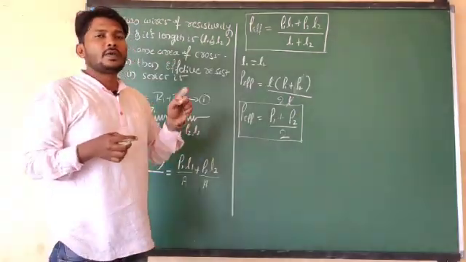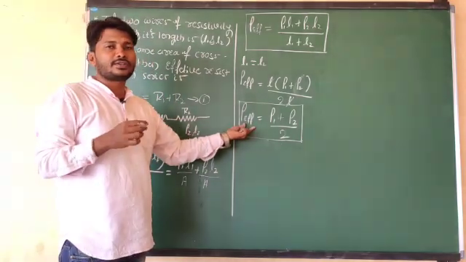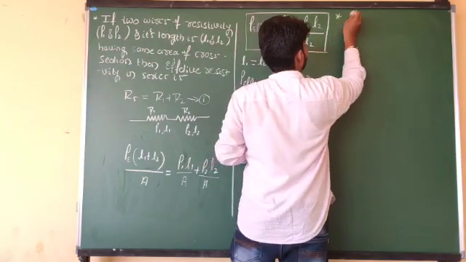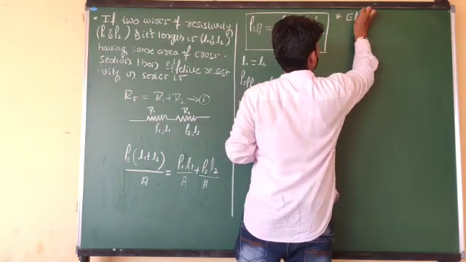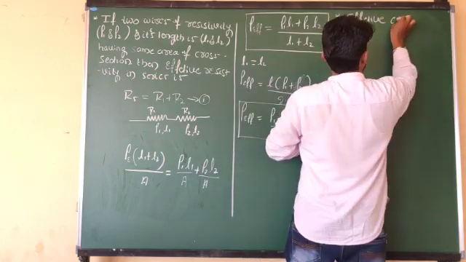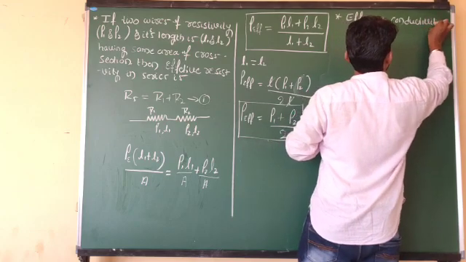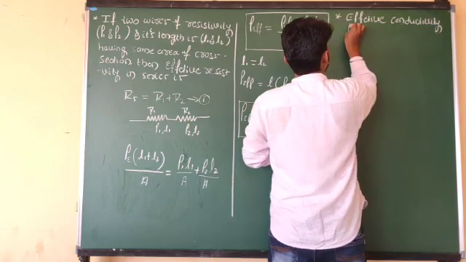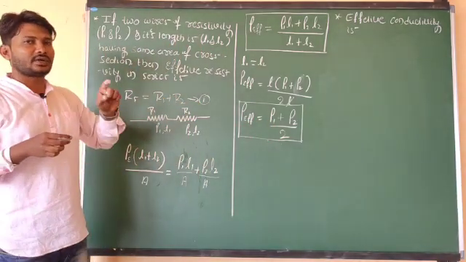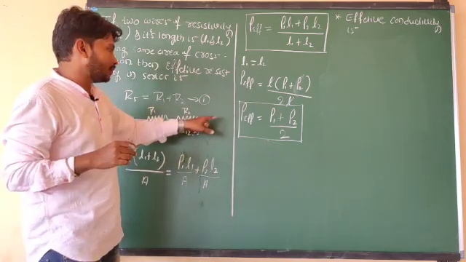Next, we'll look at the effective conductivity. I got the effective resistivity, now we'll calculate the effective conductivity. If the two wires are connected in series combination, we know that resistivity and conductivity are inversely proportional.